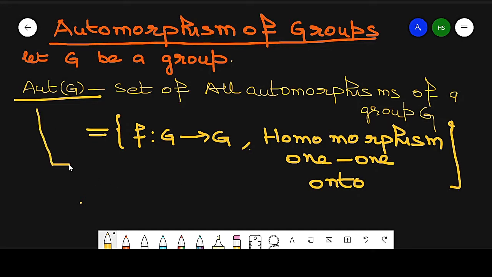The set of automorphisms is also a group under the composition of mapping.